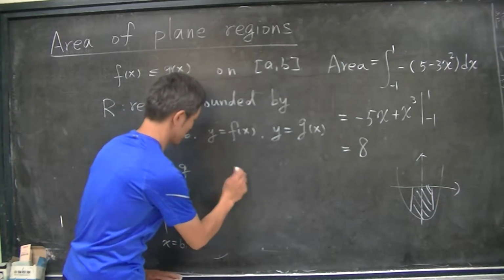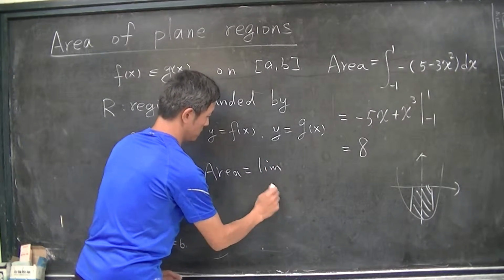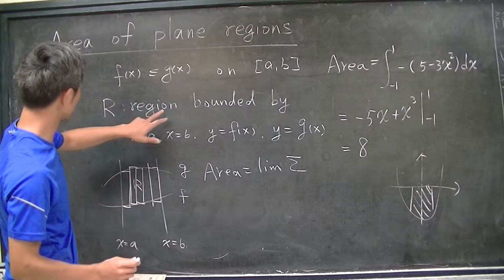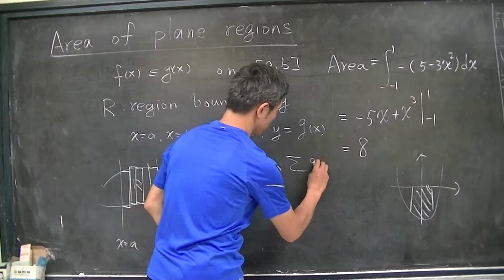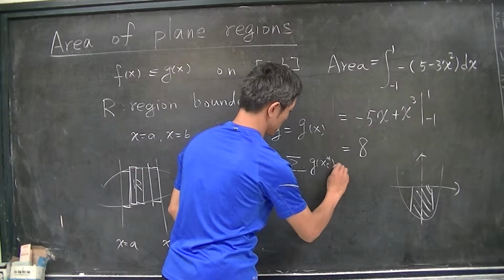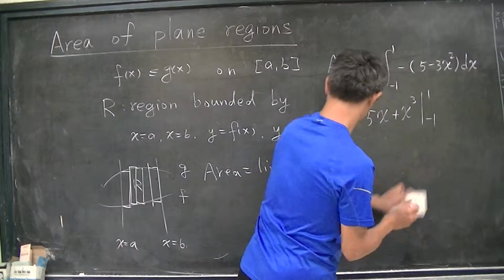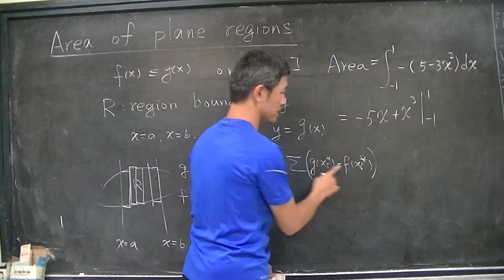So what do we have? Now the height is given by g minus f at some point. This is the height.